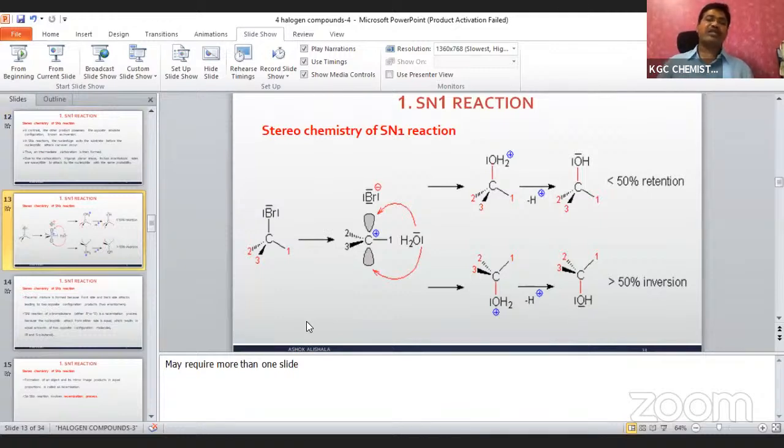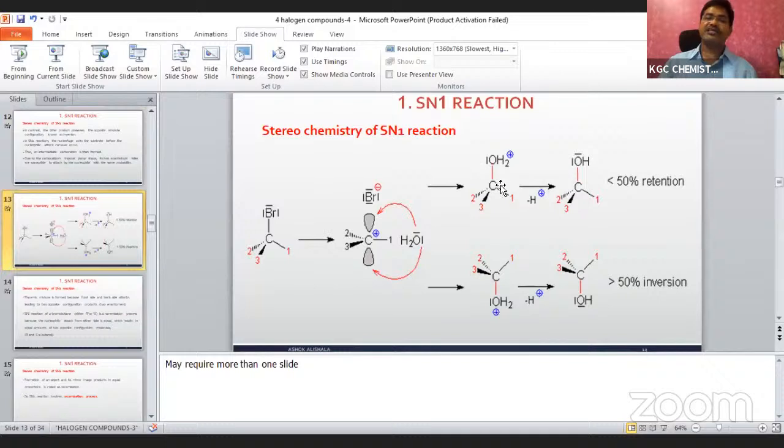See, in the first case, what happened? This is going to be the first carbon, second carbon, third carbon. Now here this is going to be a transition state. A carbocation is formed. For this carbocation, this H2O may attack on this lobe or this lobe.